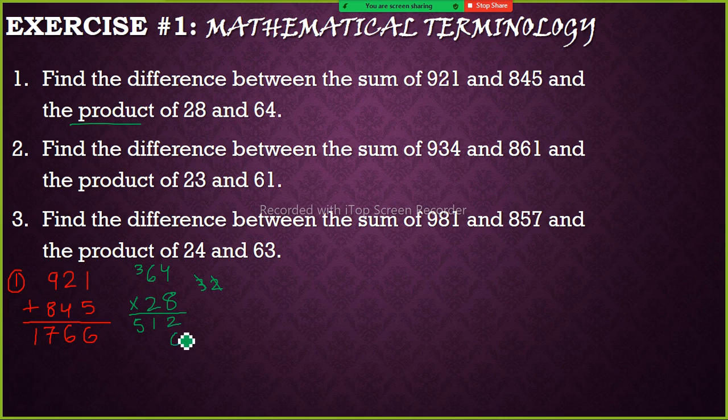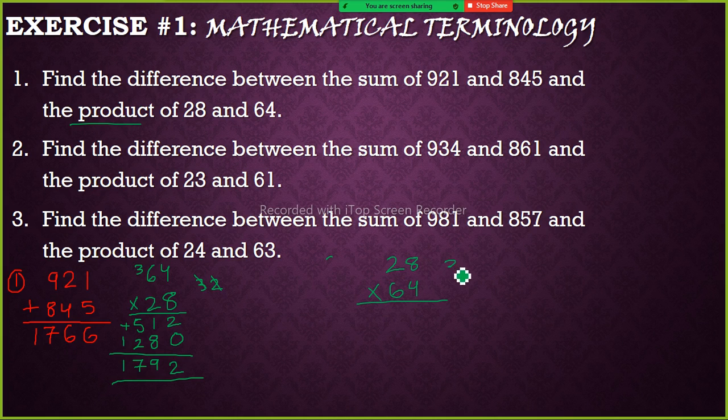Put the 0 down. 2 times 4 is 8. 2 times 6 is 12, plus 2 plus 0 is 2. 8 plus 1 is 9. 5 plus 2 is 7. And this is going to be 1. Okay, so it's definitely 1792. I have to do this the other way just to see where I was going wrong, because both of them should give us the same answer.